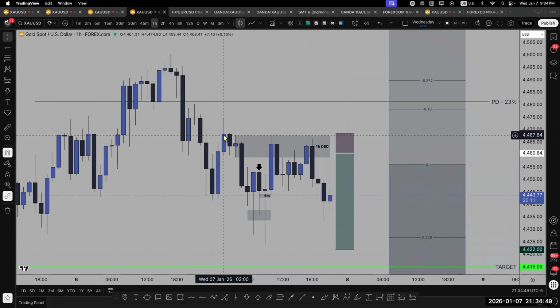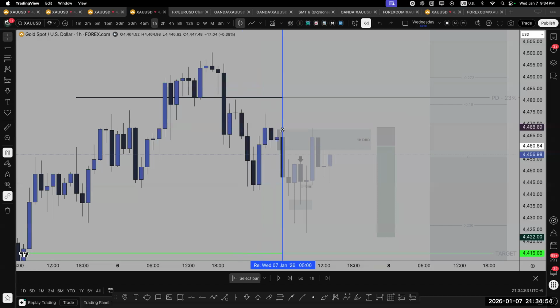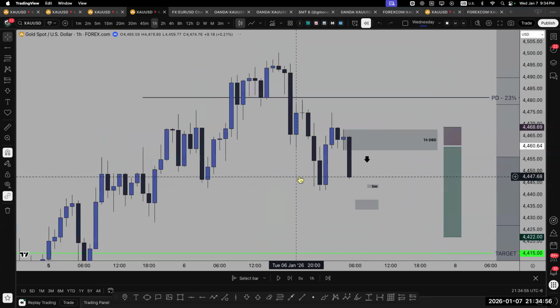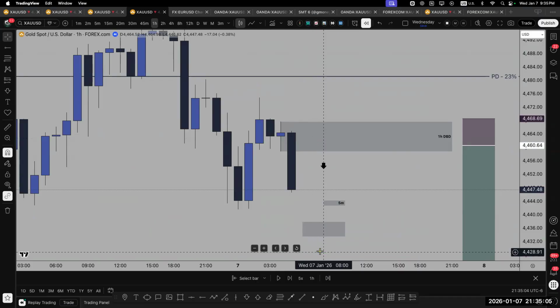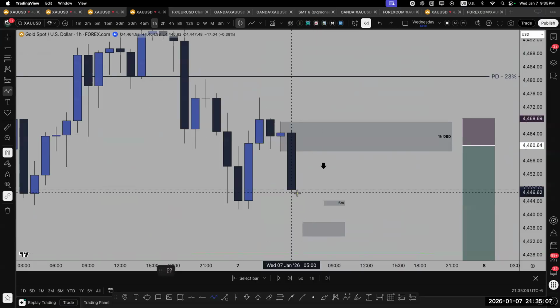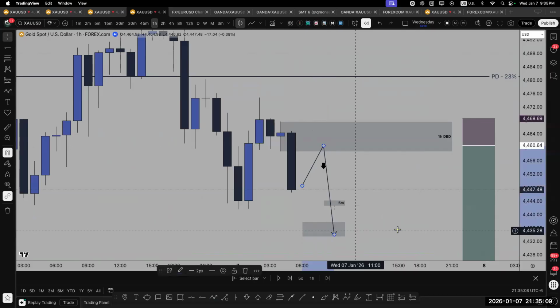It communicates to us that the sellers are in control. So we have the drop base drop, that's the equilibrium level. We want price to come back to it and then go back down.